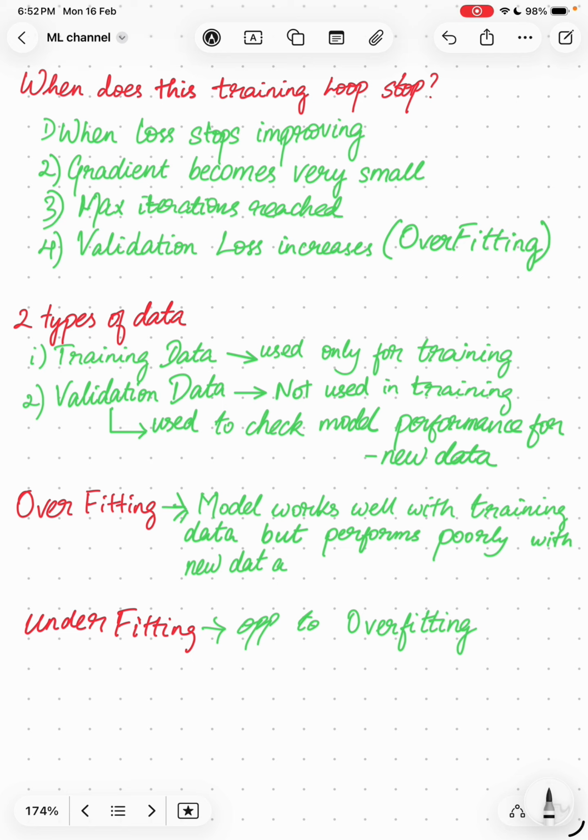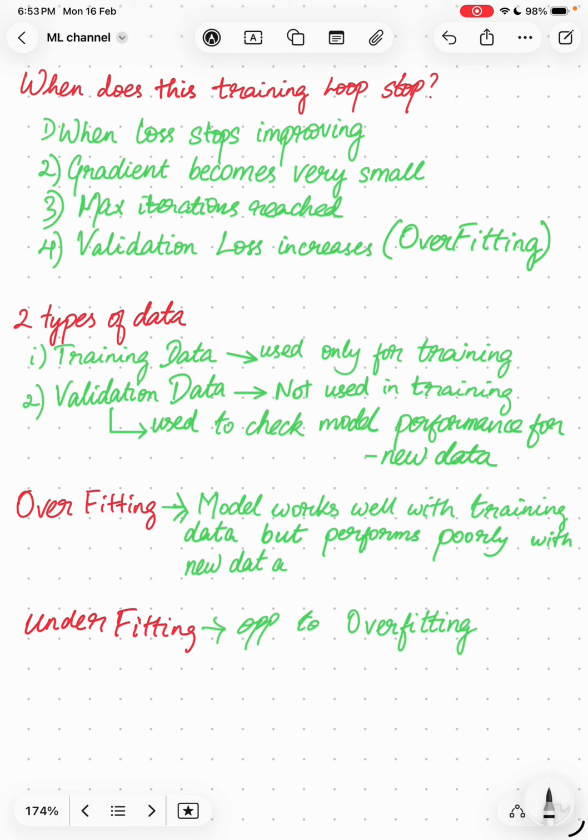This is called overfitting. So if a model aligns very well with the training data, and it fails to perform properly with any new data, that is called overfitting. And underfitting is the opposite of it. A model performs poorly with training data, but with real world data it performs well. That is called underfitting.